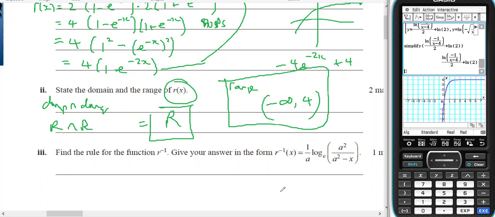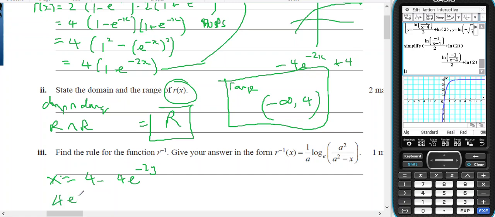So I'm thinking, okay, so I'm looking for x equals 4 minus 4e^(-2y).